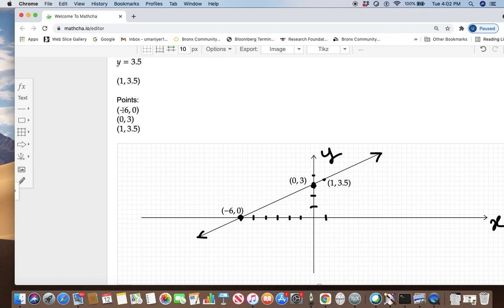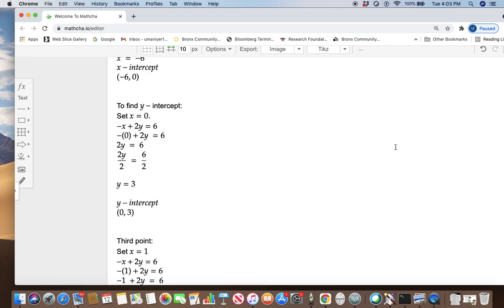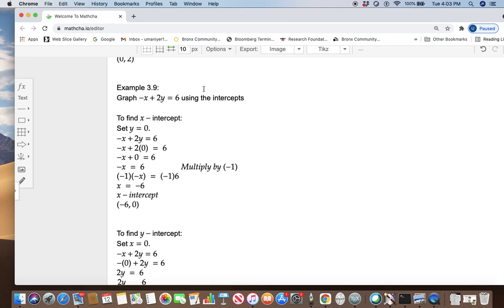So plotting these points, negative 6, 0 is here, 0, 3 is here, and x equals 1, y equals 3.5 is between 3 and 4 precisely, at that height 3.5. That's your line joining these 3 points. That's the line we draw using intercepts, given by this equation.